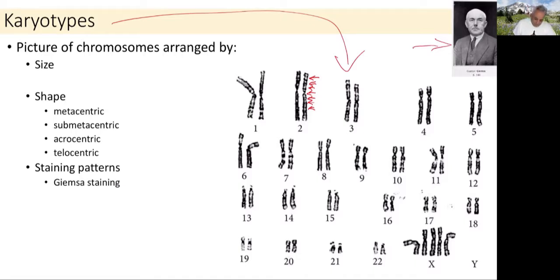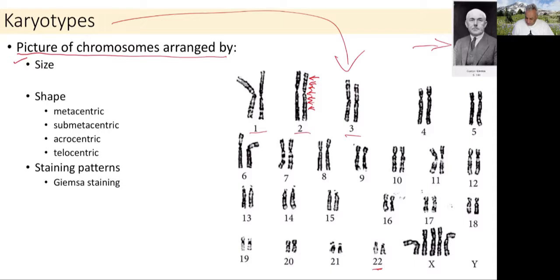So chromosomes are classified according to 3 things. First, their size. You can see the largest chromosome in the human case is chromosome 1, followed by chromosome 2, 3. So they're placed in order from large to small. The smallest chromosome in the human situation would be chromosome number 22.